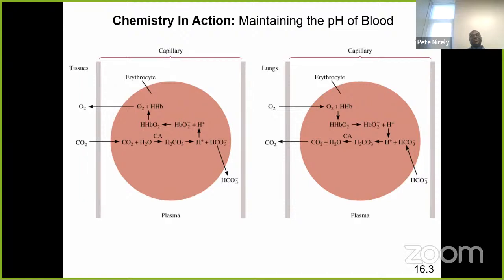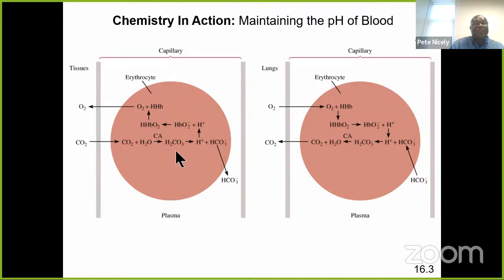It basically transports oxygen from the lungs to other tissues that need it to produce energy, or rather, to use energy to carry out their function. And it's also used to transport carbon dioxide away. So what is being shown here are the different steps involved in these processes. This represents the red blood cell delivering oxygen to the tissues.